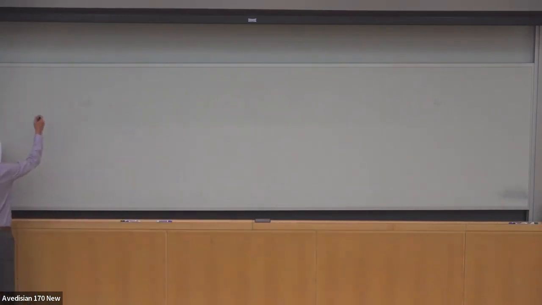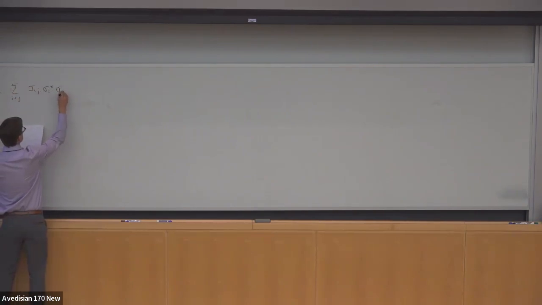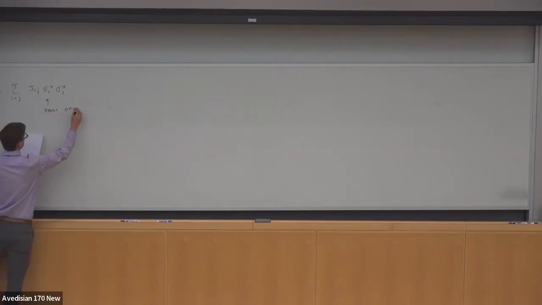All right, so with that in mind, let me write a bunch more I's and J's to summarize where we left things off. What we had figured out by the end of the last lecture is that we can write down these Hamiltonians between trapped ions as a sum of J_ij sigma_i^x sigma_j^x. These sigma x's are the Pauli operators: the Pauli x operator acting on spin i, and the Pauli x operator acting on spin j.